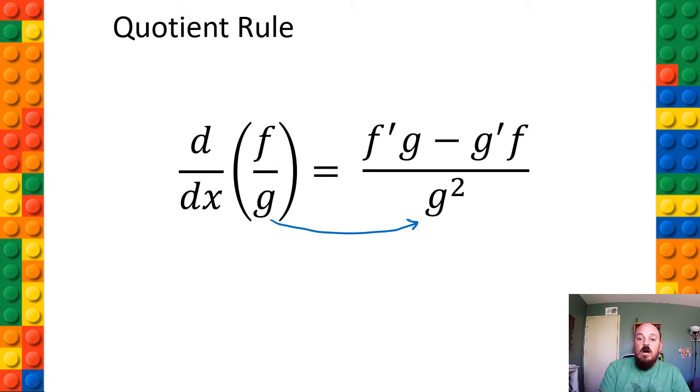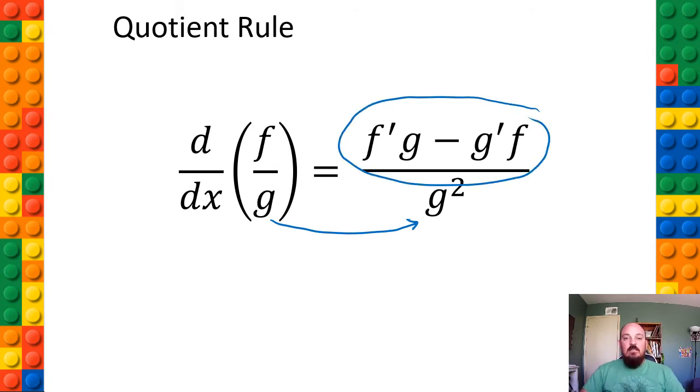Now, for the top, what you guys notice is it looks exactly like the product rule, except it has a minus in the middle instead of a plus, and that's a good way to remember it. So if you remember product rule from the last day of notes, it was f prime times g plus g prime times f. And that's usually how I think of it in those two steps.